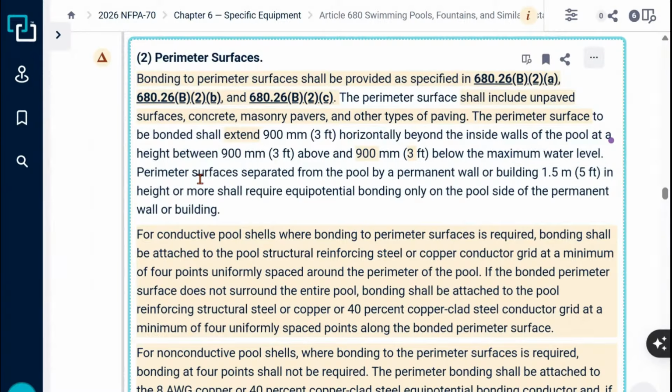Perimeter surfaces separated from the pool by a permanent wall or building 5 feet in height or more shall require equipotential bonding only on the pool side of the permanent wall or building.